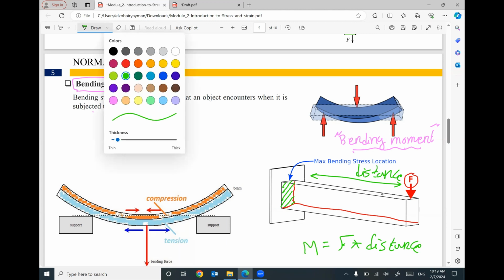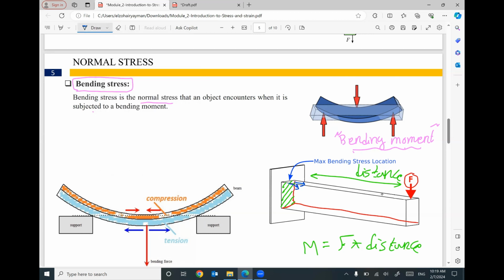So I believe this moment will cause tension in this direction and compression in this direction, because the moment will be like this. So this cantilever is trying to pull this part of the cross section and push this part of the cross section. In between, we have something called the neutral axis. All of these details will be covered later, but this moment will create normal stress. In this case, this normal stress, I can name it bending stress.